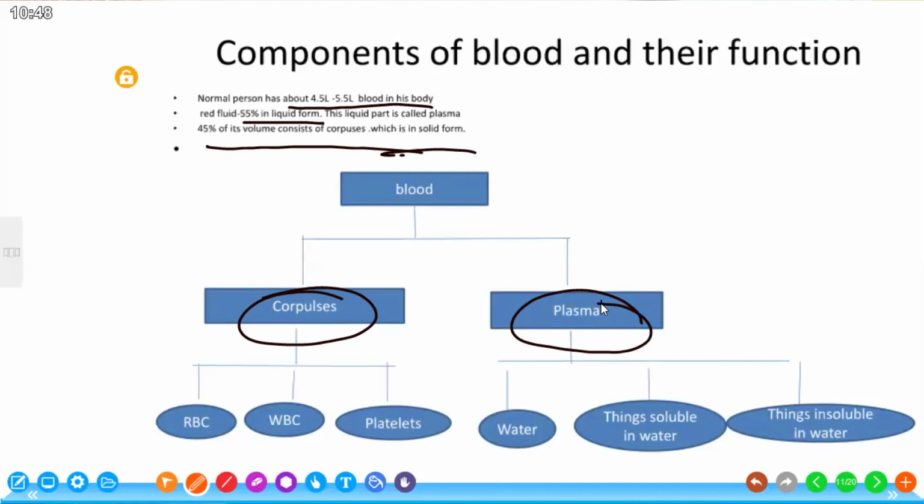Corpuscles are RBC, red blood cells, WBC, white blood cells, and platelets. Plasma has water, things soluble in water, and things insoluble in water.